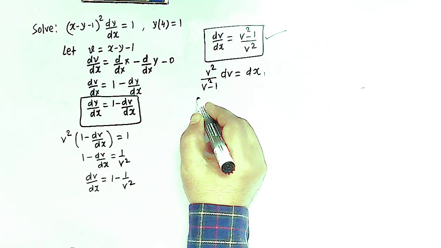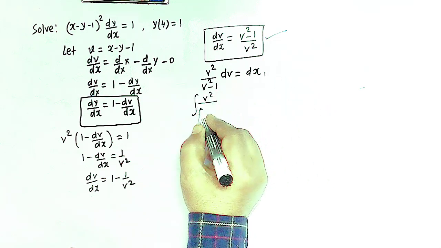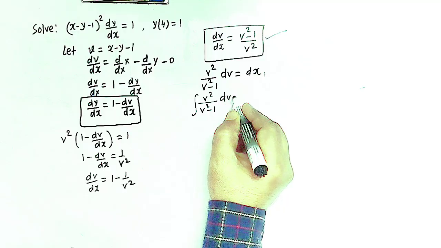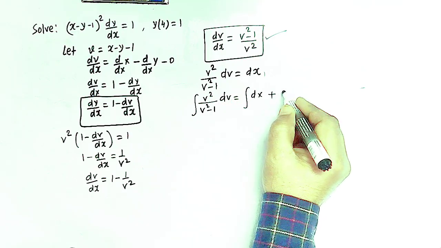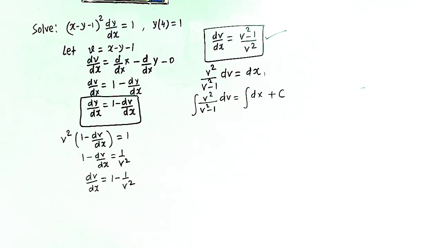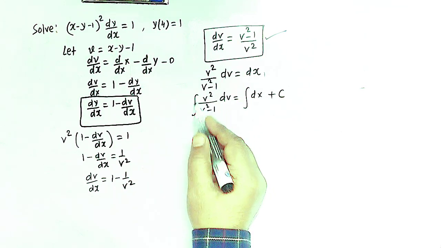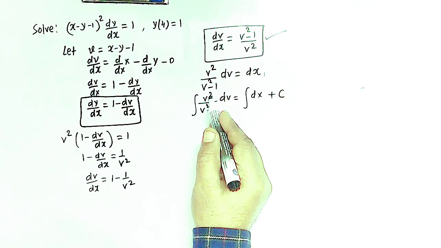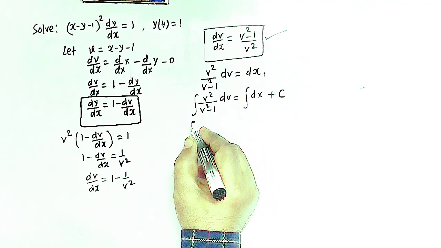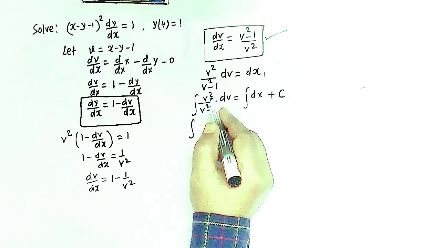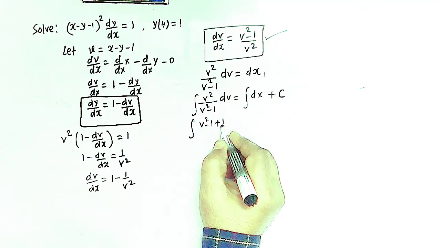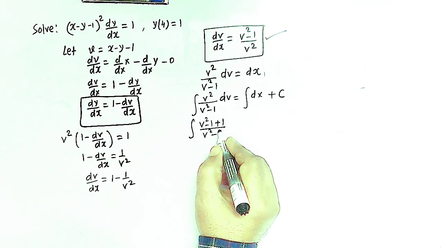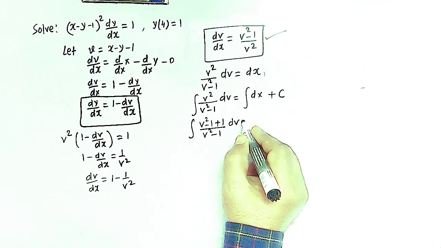So integrating both sides, we have integral of v square over v square minus 1 dv, and here we have integral dx, and c is the constant of integration. So now to find out the integral of v square over v square minus 1, let us write the numerator as v square minus 1 plus 1, and here we have v square minus 1 and dv.